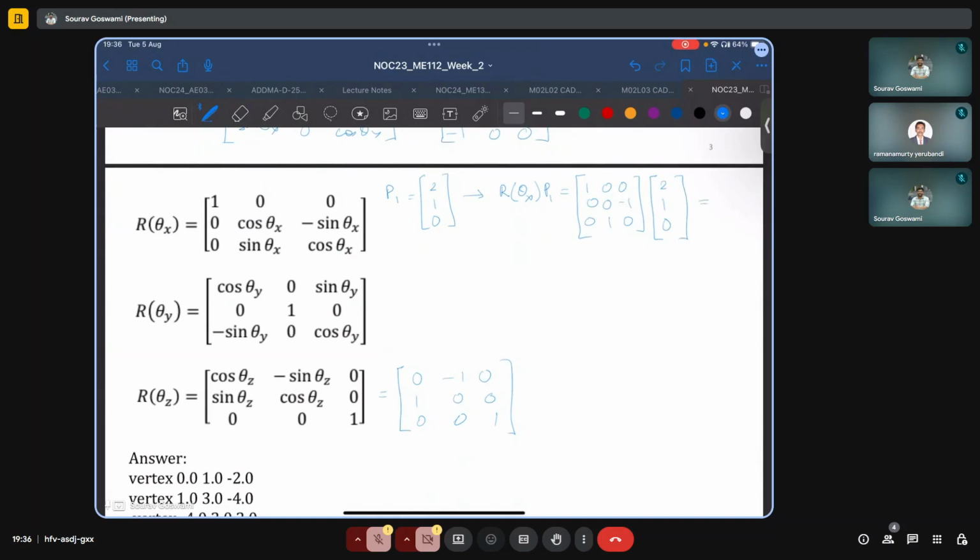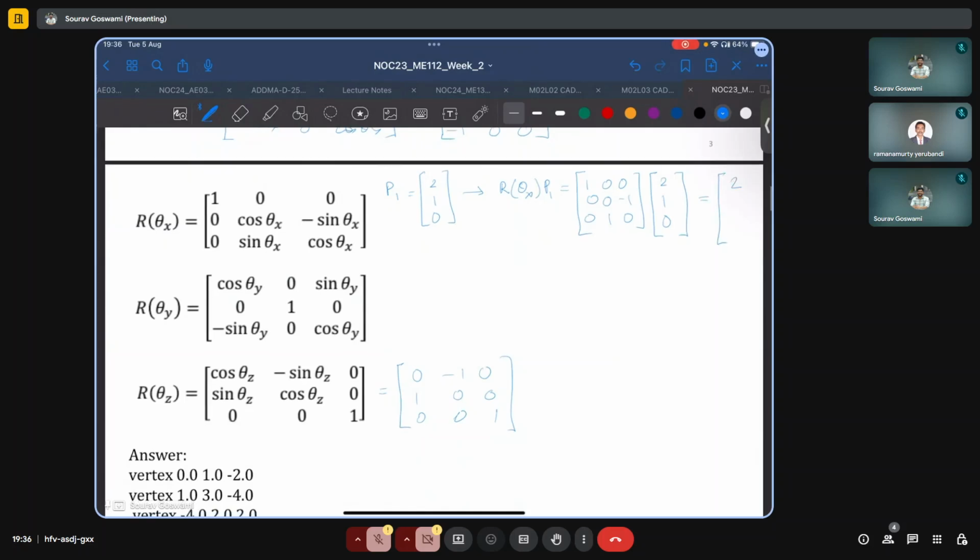and if we work this out, this will be 2 times 1 plus 1 times 0 plus 0, simply 2. Oh, sorry. 2 times 0 plus 1 times 0 minus 1 times 0 is 0, and 2 times 0 plus 1 times 1 plus 0 times 0 is 1. We next multiply this with R theta y.